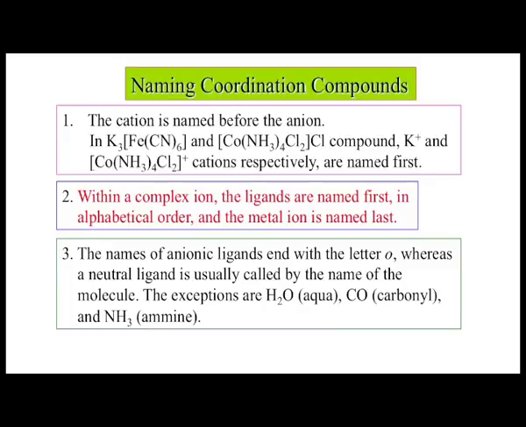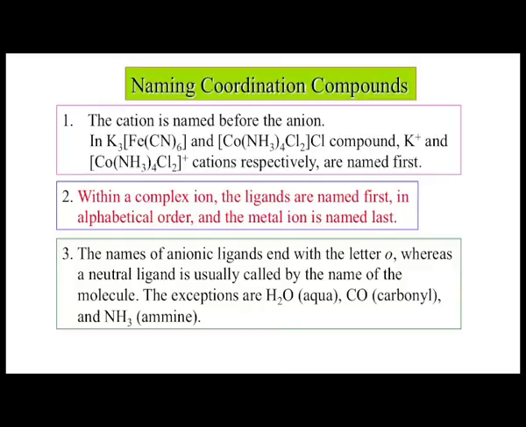Depending upon the species present, in one case the cation is potassium, in another case it is the complex species, but we have to name both of them first. So, this is potassium hexacyanoiron 3, whose common name is potassium ferricyanide.